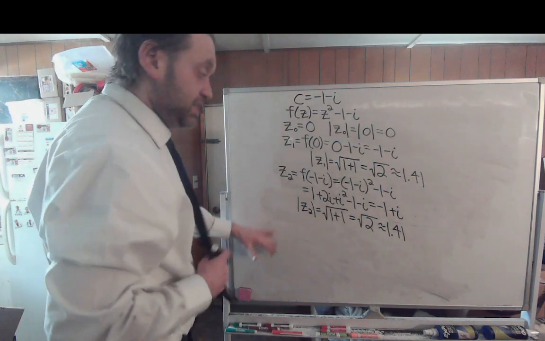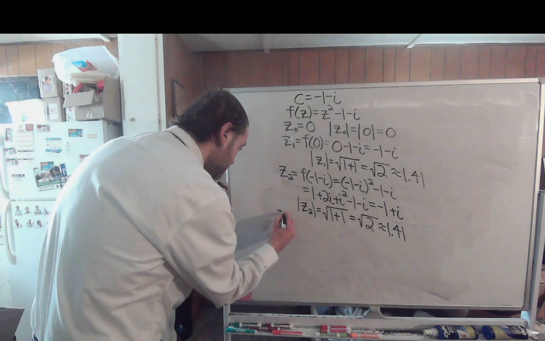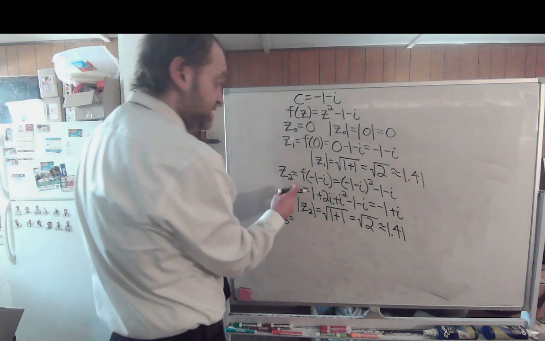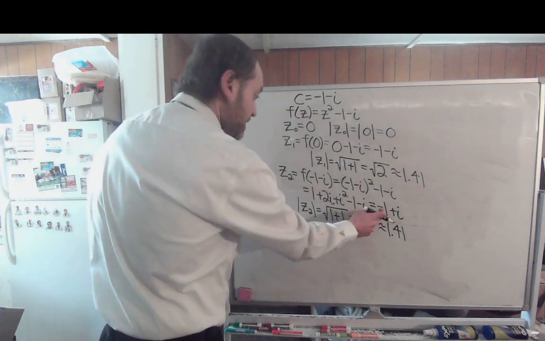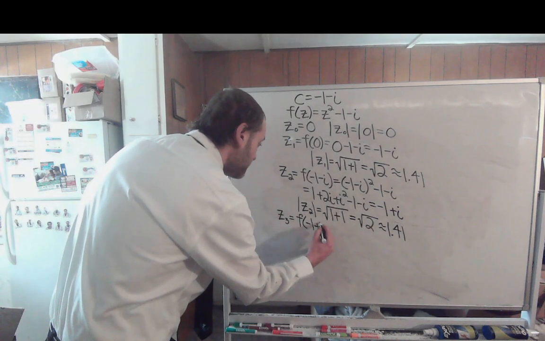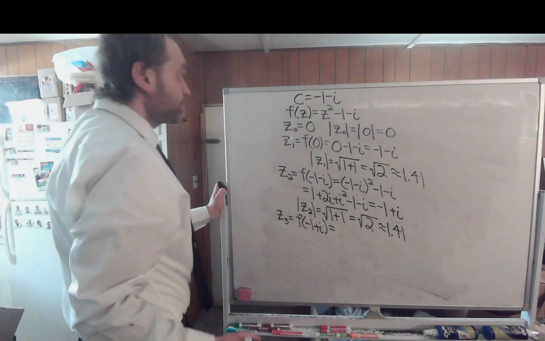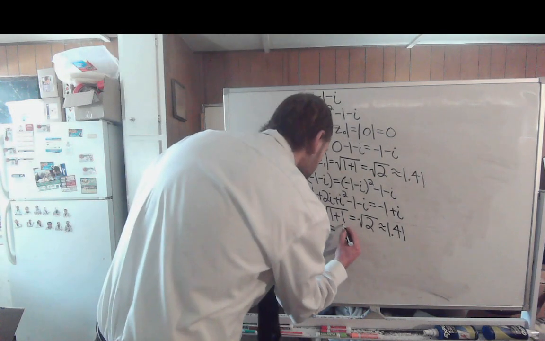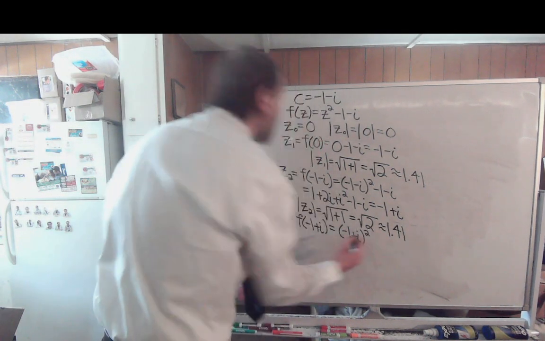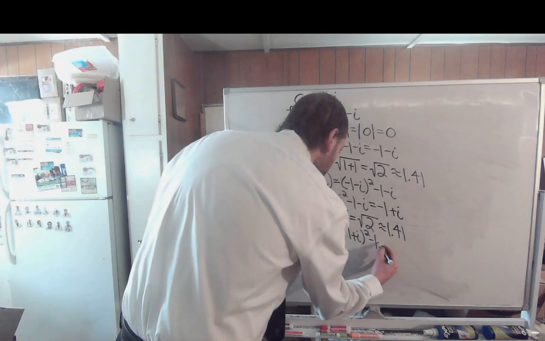Let's find a z sub 3. Z sub 3, of course, is equal to f of z sub 2, which would end up being f of negative 1 plus i. So that would become negative 1 plus i raised to the second power minus 1 minus i.